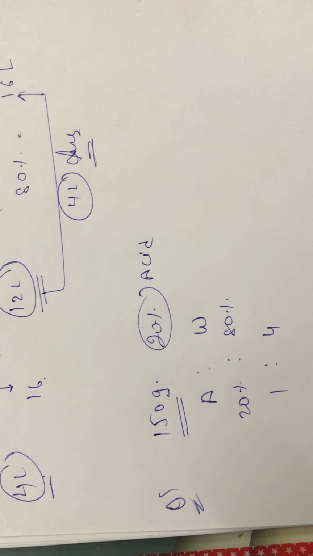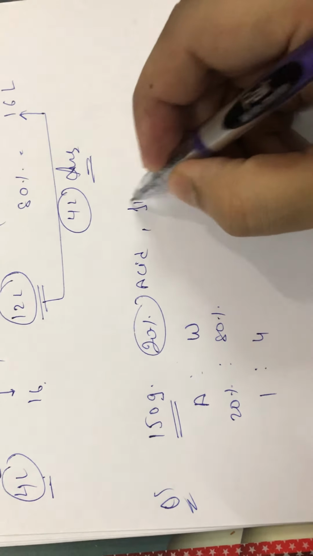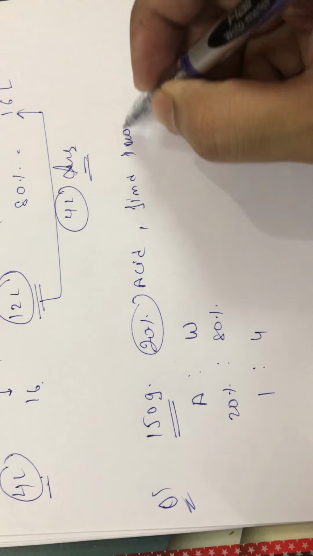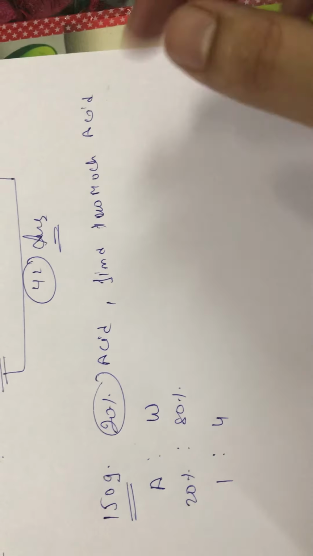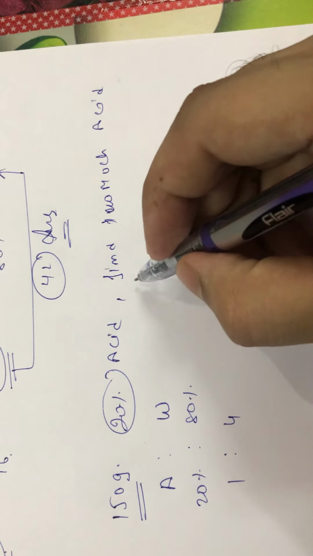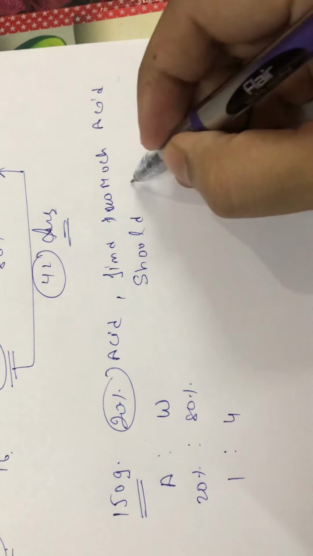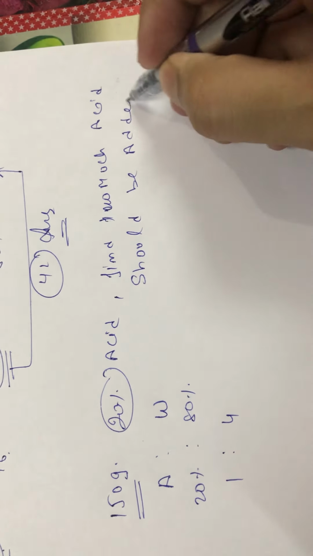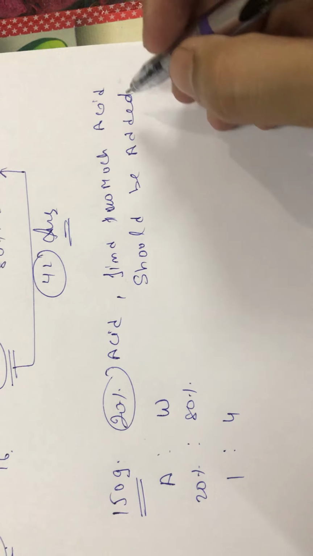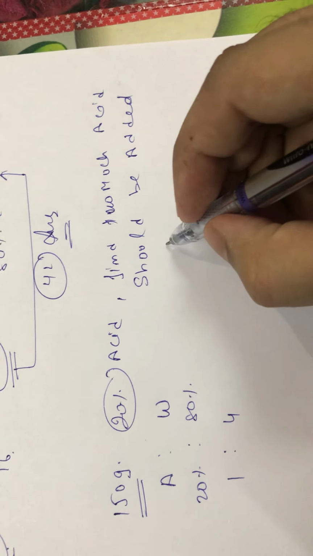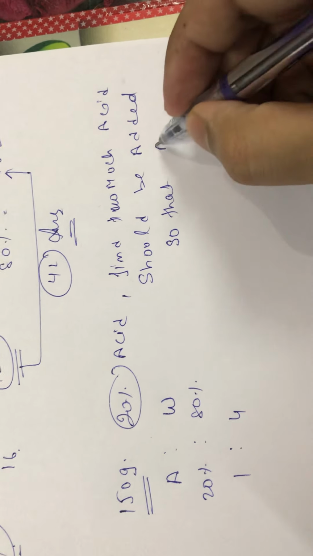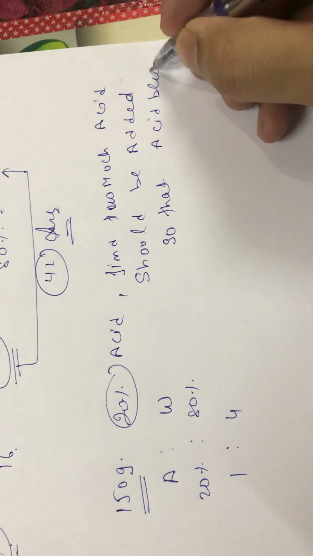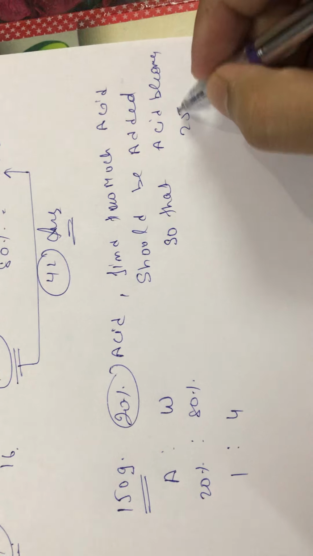They are asking to find how much acid should be added so that acid becomes 25%.